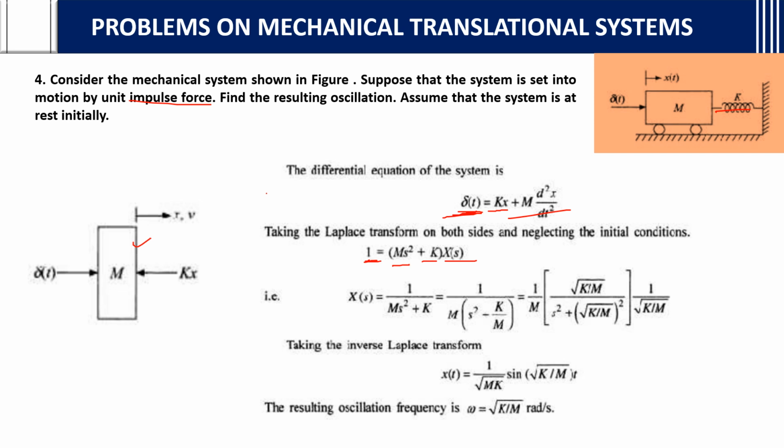Then X(s) is equal to what? 1 by (ms square plus k). That is equal to, if you take m common here, s square plus k by m. Not minus, here it is plus. That is equal to 1 by m into 1 by (s square plus k by m).